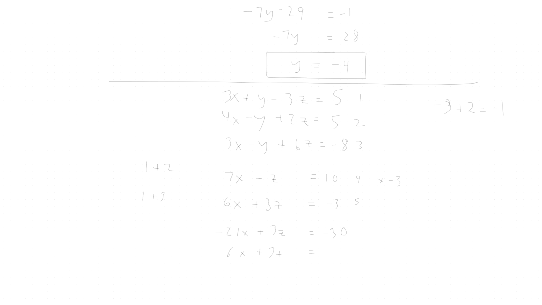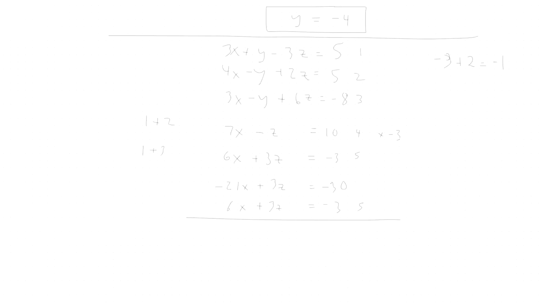Now we're going to add or subtract. Now do we subtract? Yes. So we're going to subtract right here. What's negative 21 minus 6? Negative 27. Yes, negative 27x. The z's will cancel. What's negative 30 minus 3?